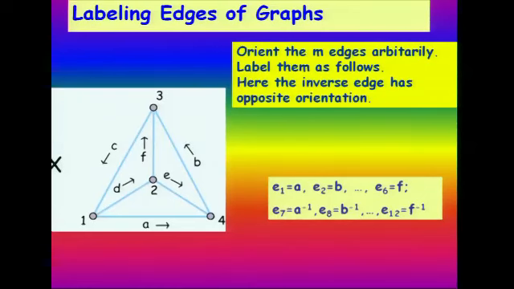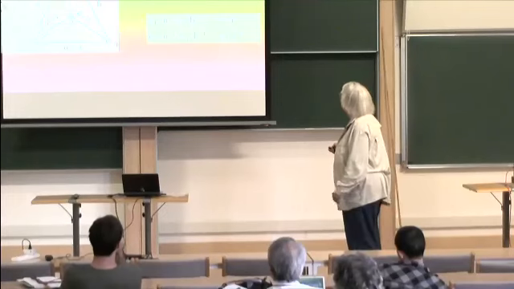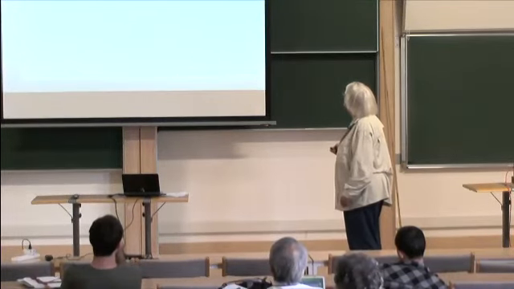So E1 I'm going to call A, E2 is B, E6 is F. And then when I do the opposite directions, E7 is going to be A inverse, that is the edge going the opposite way. E8 is B inverse, going the opposite way. And so on. The 12th one is F inverse, going the opposite way. So this makes some of the calculations easier. I don't know if that'll be obvious in this talk, but anyway.